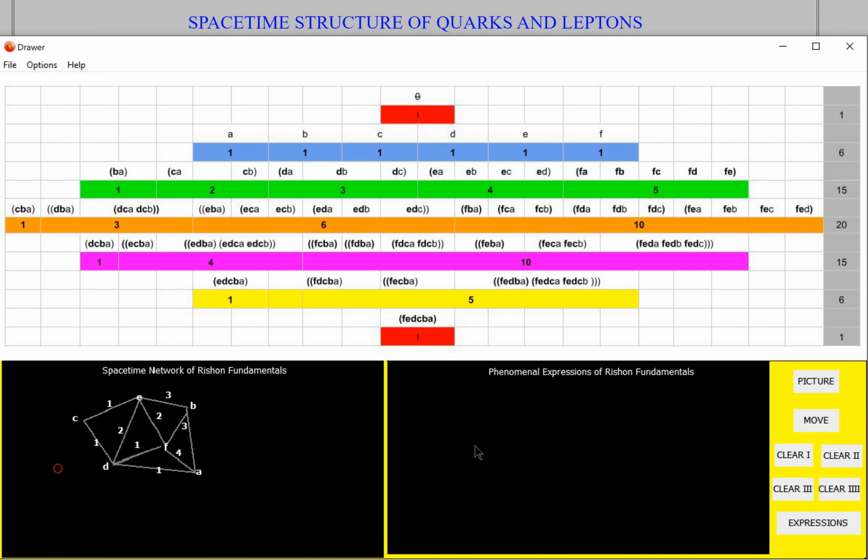These foundational elements are the T and V Rishon elements as articulated by the phenomenological reasoning on the first page of this website.